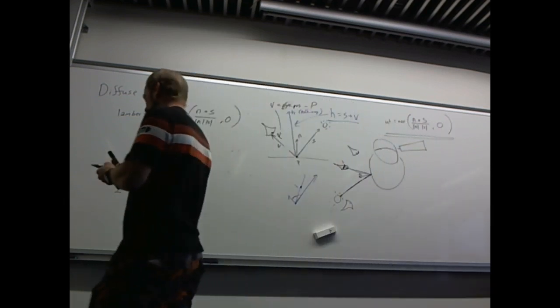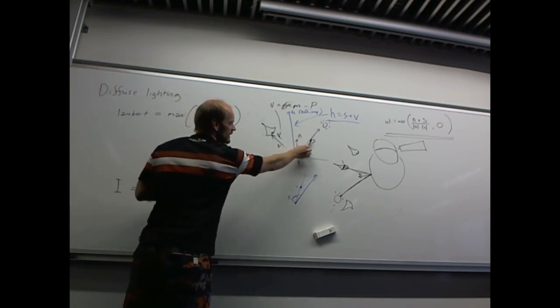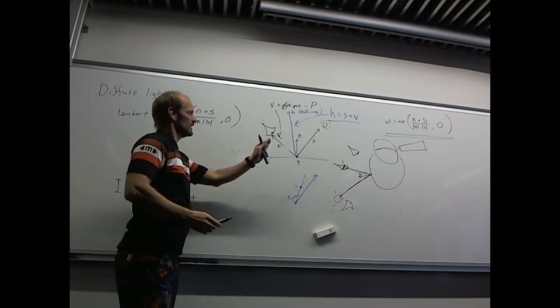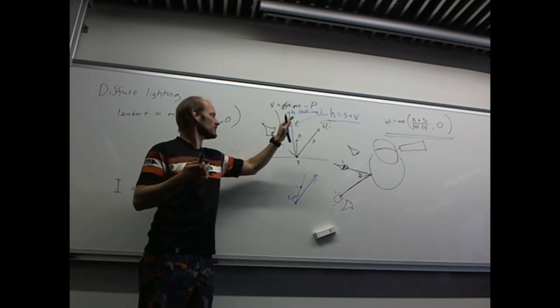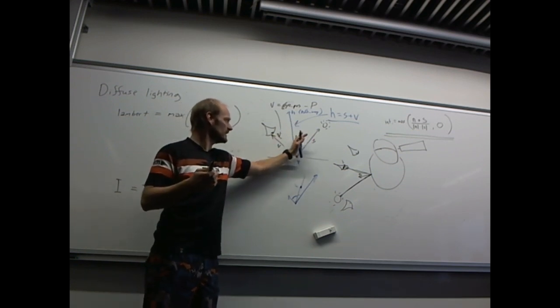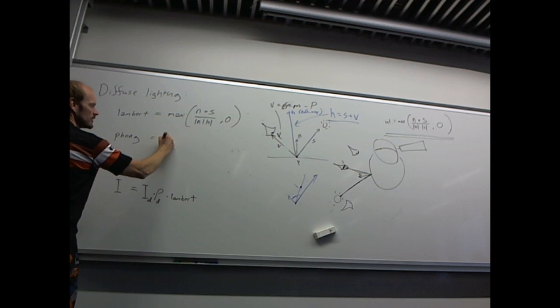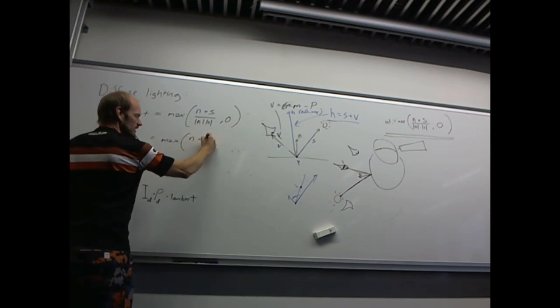So now I'm going to say, with this halfway vector h, between the vector to the light and the vector to the camera, that's the only thing I'm going to use S and V for here. Because now I'm going to take the halfway vector and n and say, my factor here, which I'm going to call Phong, equals the max of n dot h.